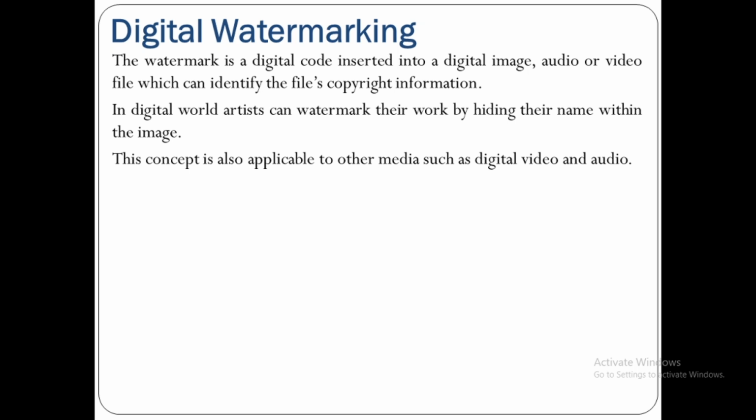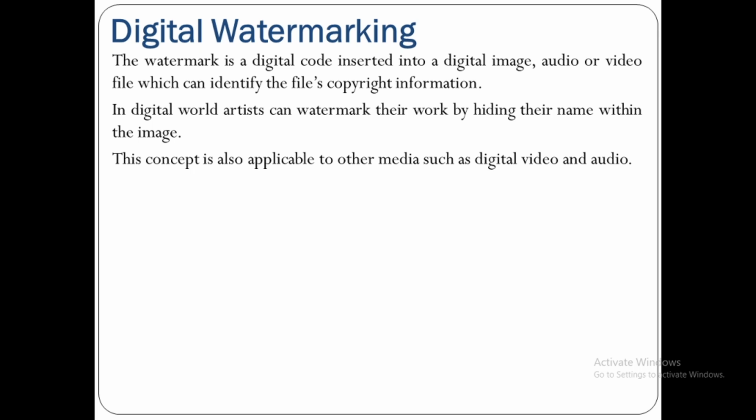So this can also be done electronically. This concept is also applicable to other media such as digital video and audio. So inside audio and video also we can hide some information that can be used to identify from which source this information has been received. So that is digital watermarking. This can be applied in movies also.